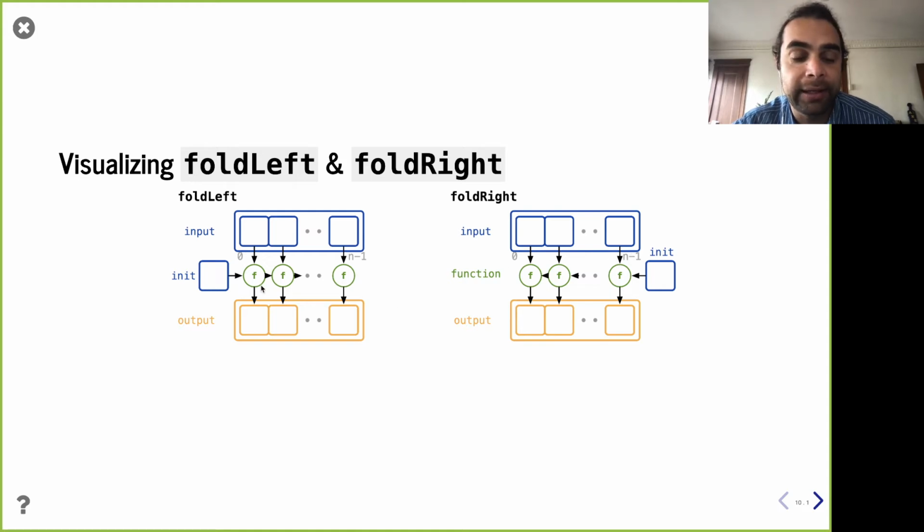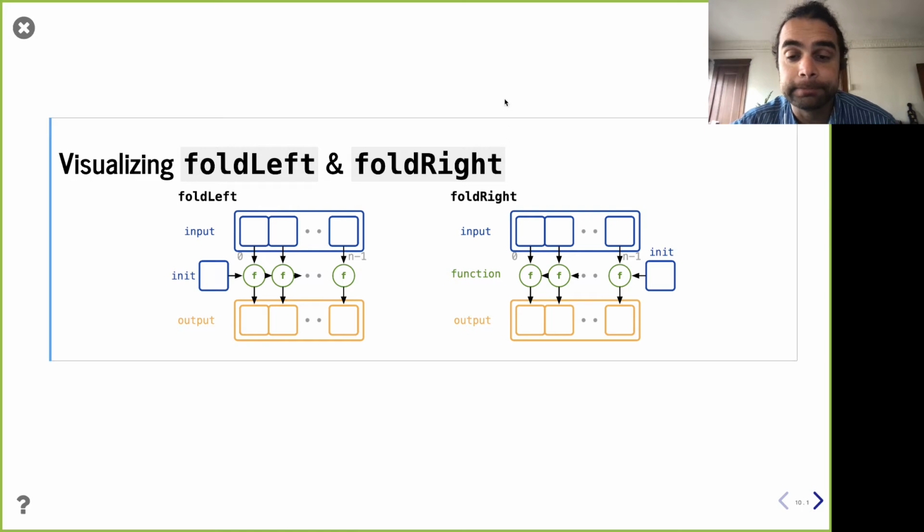In this case, I've laid it out with consistent ordering for the indices, but you can see it going from left to right or from right to left. Either way, you can see what's happening: we're taking in some initial thing and an element, and producing a new thing, and that's being used to produce the next.